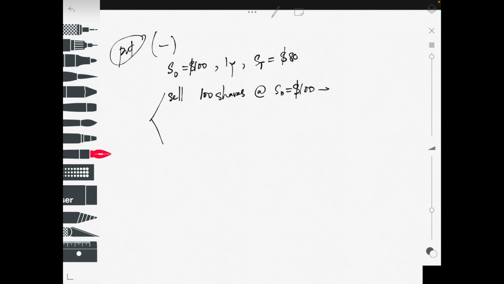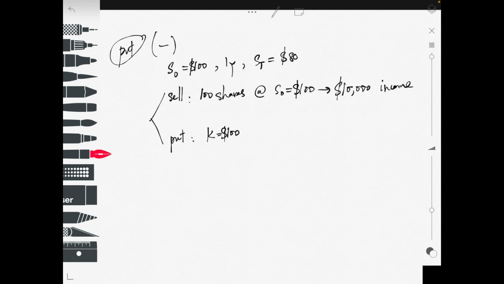So how much is your revenue, your income? That is $10,000, right? That is your income, and you can receive all the money now. In contrast, if you sell using the put, you need to wait 1 year, because the put option also allows you to sell at K equal to $100. We assume also $100.